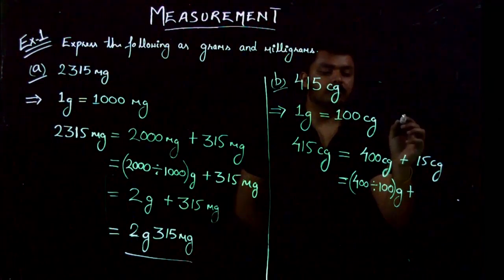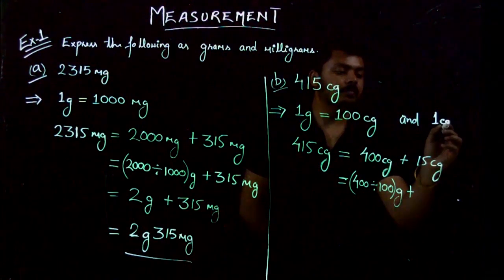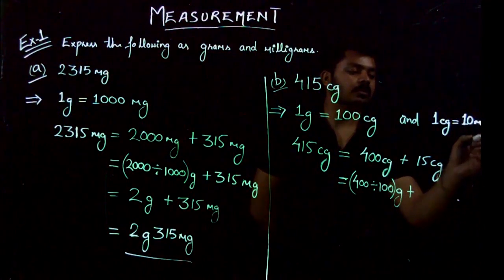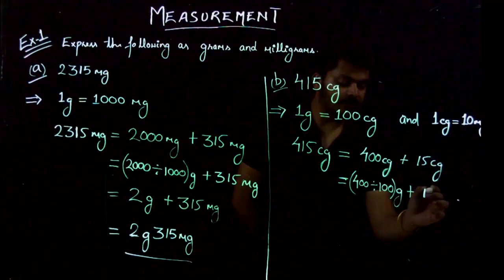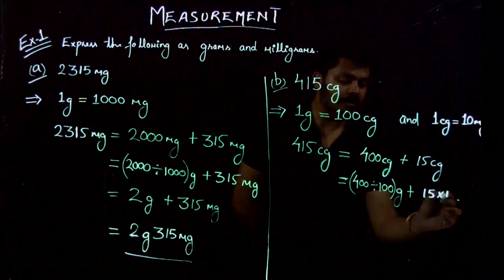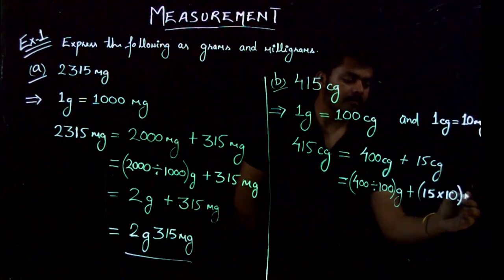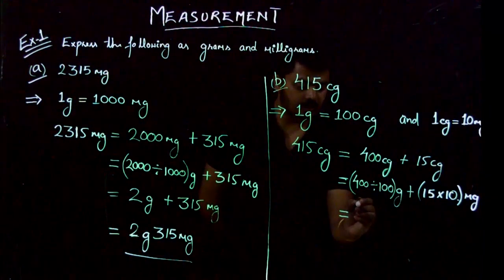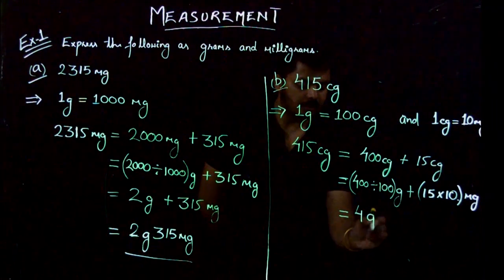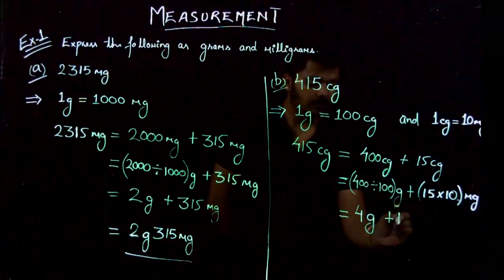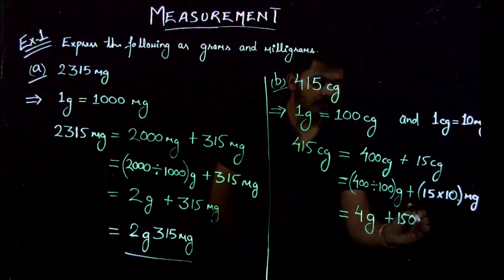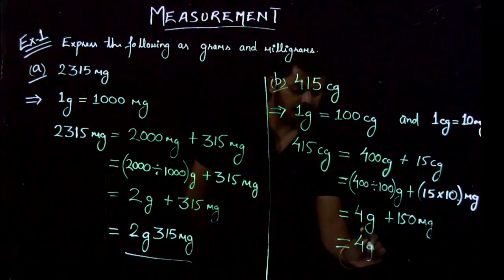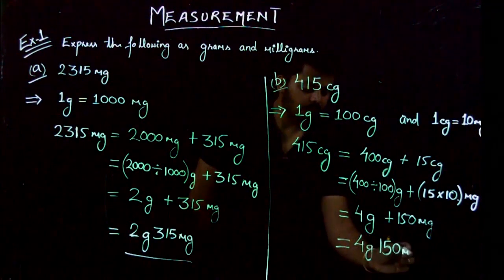We also know 1 centigram is equal to 10 milligrams. So 15 multiplied by 10 milligrams. So when we divide by 100, we get 4 grams plus 150 milligrams. It can also be written as 4 gram 150 milligram.